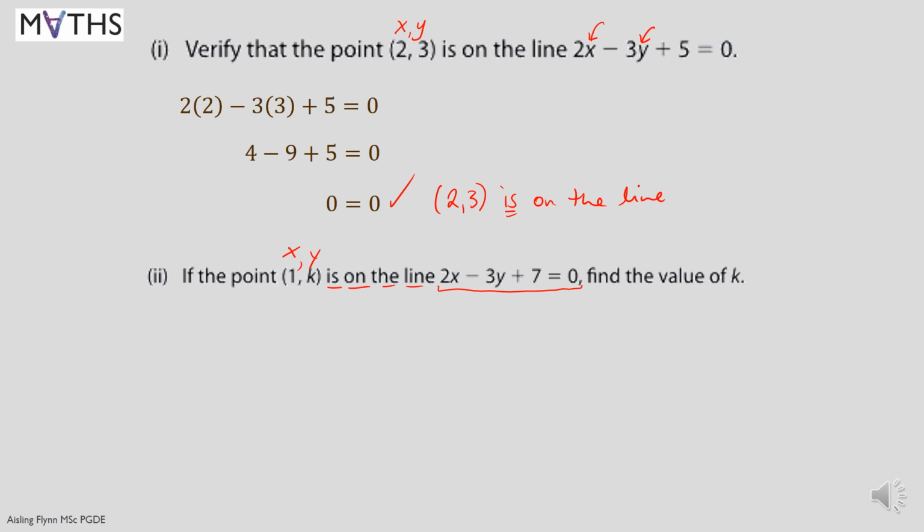So let's see. We're going to replace x with 1 and y with k. Okay, so 2 times 1 minus 3 times k plus 7 equals 0. Multiplying, we get 2 minus 3k plus 7 equals 0. Because it had a negative, I chose to add 3k to both sides.